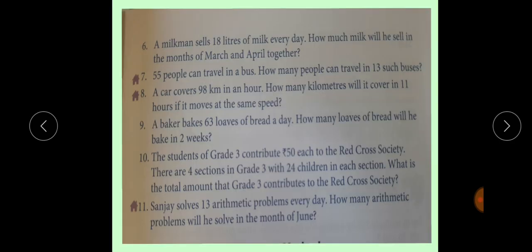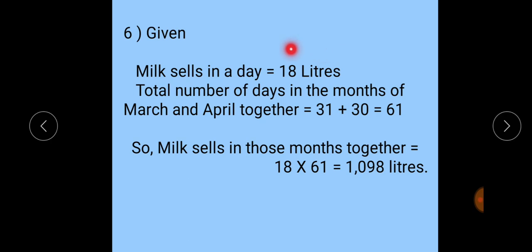And next question, fifth question, it's just to do the multiplication. You already completed that. And the sixth question: a milkman sells 18 liters of milk every day. How much milk will he sell in the months of March and April together? So in a day he sells 18 liters.